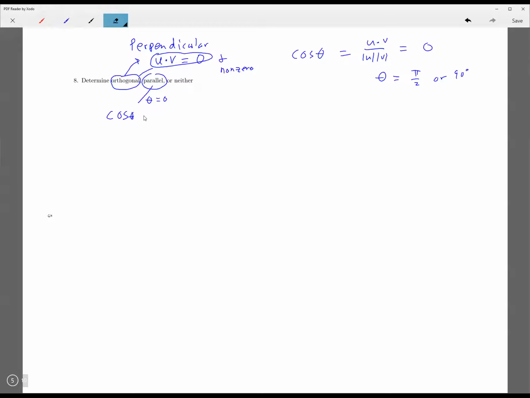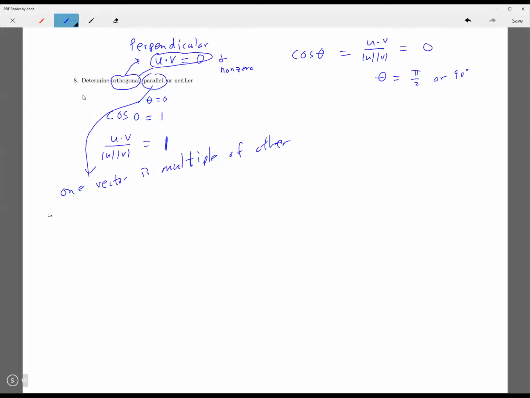So the way that you can tell is that you get u dot v over magnitude of u times the magnitude of v equals 1. So that means that this and this have to be equal. But also, parallel means that one vector is a multiple of the other vector.